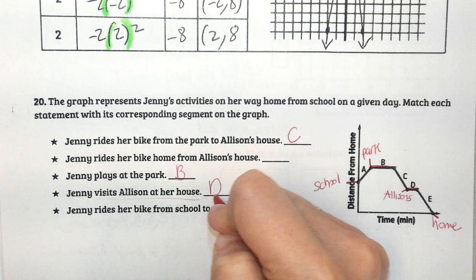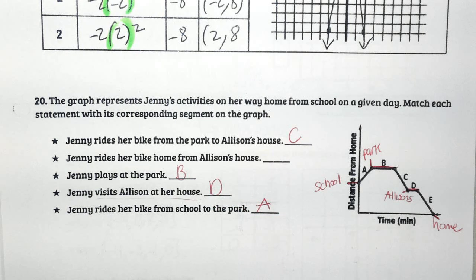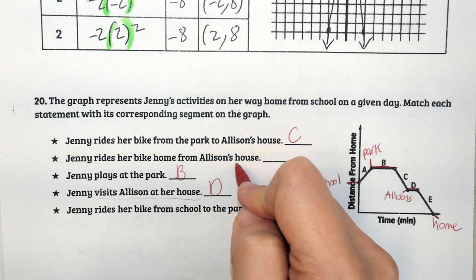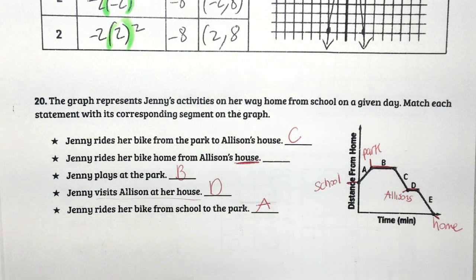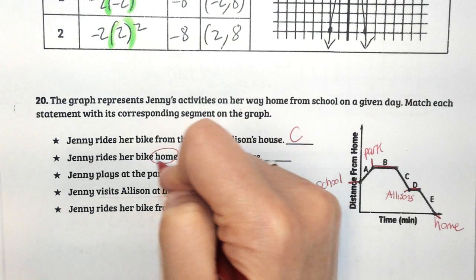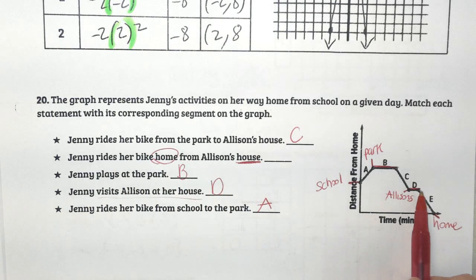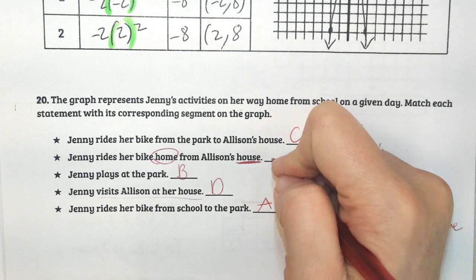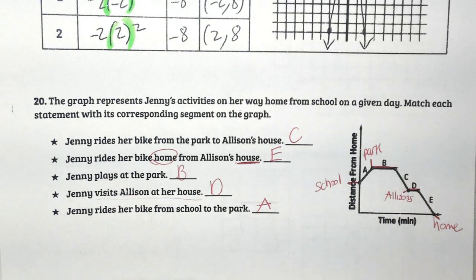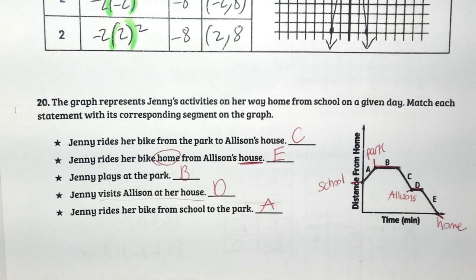So she stays at Allison's house for a little bit. And then the end one, this has to be at the end because it says now she's finally going from, right here, home. I underlined the wrong one. She bikes home from Allison's house. So here's Allison's house, here's home. That would be E.